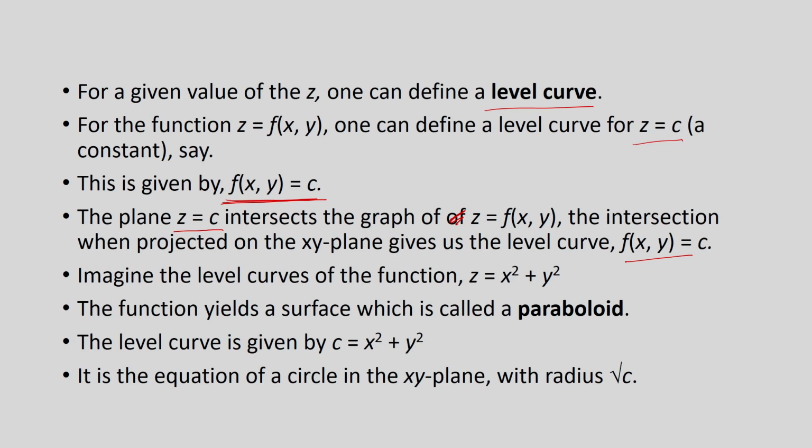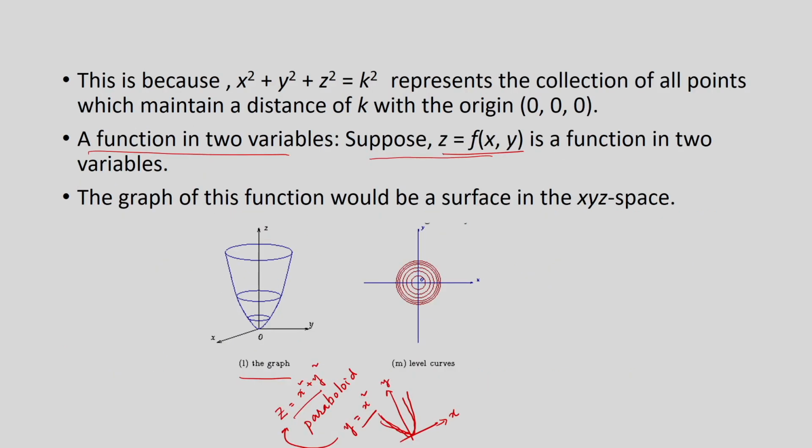So, first you start with this function z is equal to f of x y. So, correspondingly we will get this kind of surface, a paraboloid. Then you take z is equal to c, c is a constant. So, here is perhaps one example, suppose this is c, this height is c.